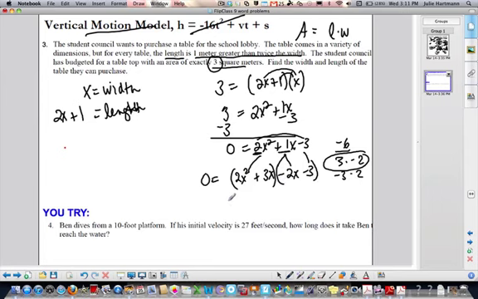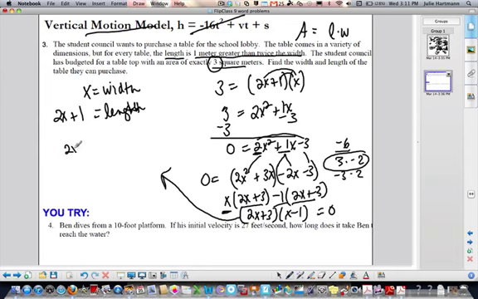Okay, in the front grouping you can take out an x. You're left with 2x plus 3. In the second grouping you can take out a negative 1. Negative 2 divided by negative 1 is 2x, and negative 3 divided by negative 1 is plus 3. So from there you can take out a 2x plus 3, and you are left with x minus 1. Set them both equal to 0. I'm going to take that over here.